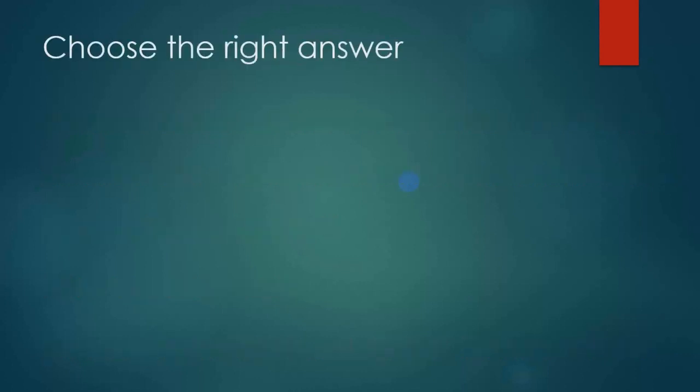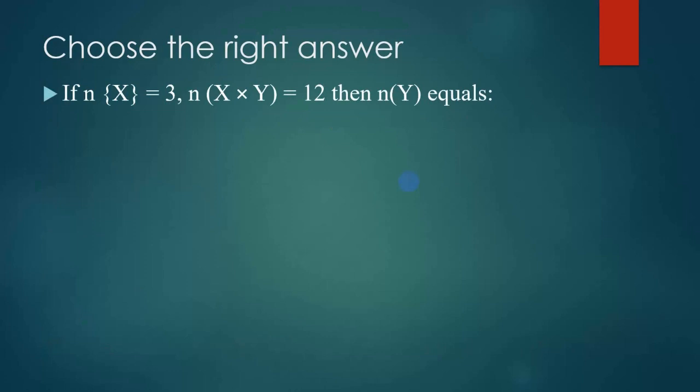Okay? Choose the right answer. If n of x equals 3, n of x cross y equals 12, then n of y equals: the number of elements of x is 3 elements. The number of elements of the Cartesian product x cross y is 12 elements, or 12 ordered pairs.